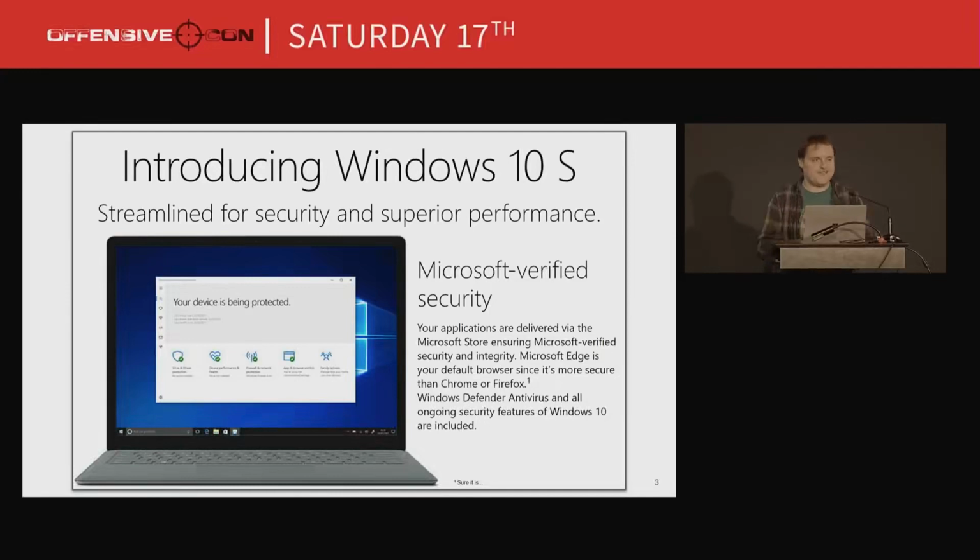I think that's probably splitting hairs a little bit. But effectively, it's a new consumer version of Windows RT, and it's streamlined for security and superior performance, apparently. I think this is a bit of PR spin, of course. But it's sort of like Microsoft's response to Chrome OS and restricting everything to browser or only store applications. You can download stuff off the store because it's kind of signed by Microsoft.